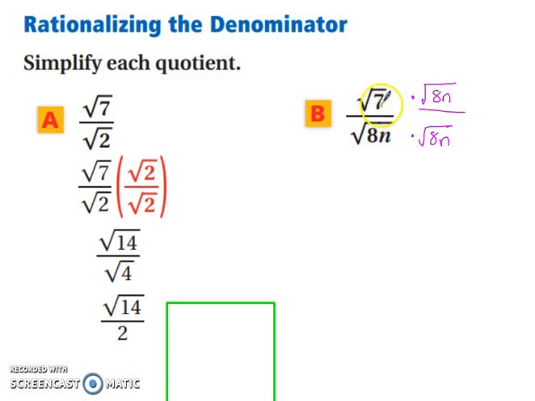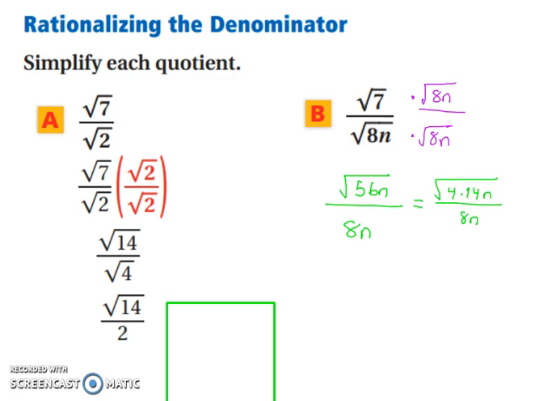So now let's multiply. We have the square root of 7 times the square root of 8n, which gives us the square root of 56n. And then the square root of 8n times the square root of 8n is simply 8n. We can, however, simplify the square root of 56n, because 56 breaks into 4 and 14.